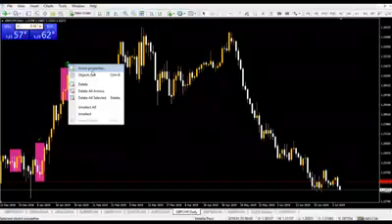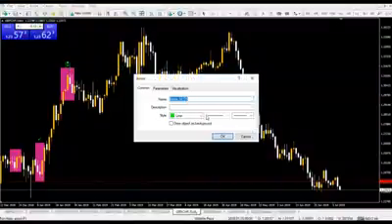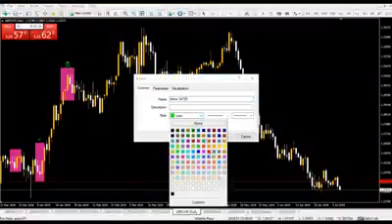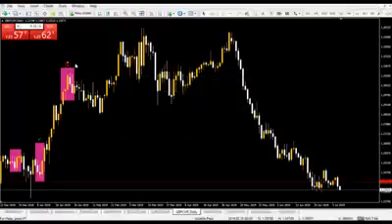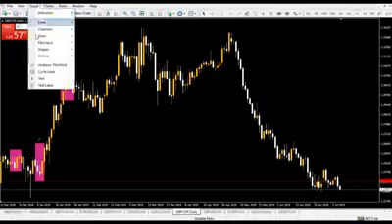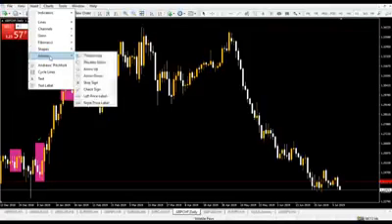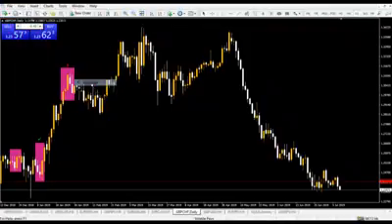All right, let's make this one red. All right, so that one's losing for us, and don't worry, I'm going to show you guys how we can filter this out so we can minimize our losses.